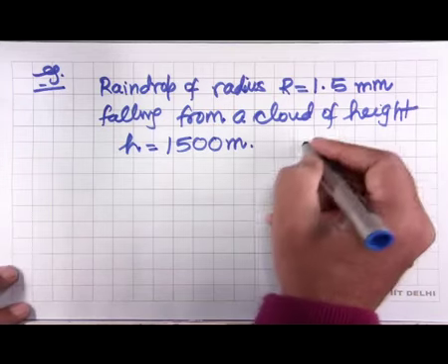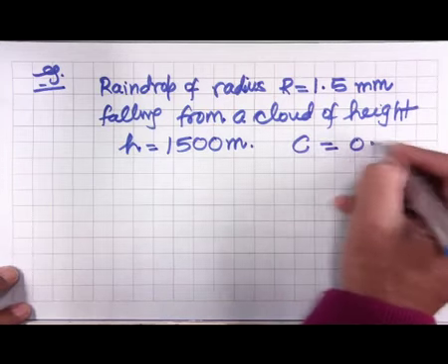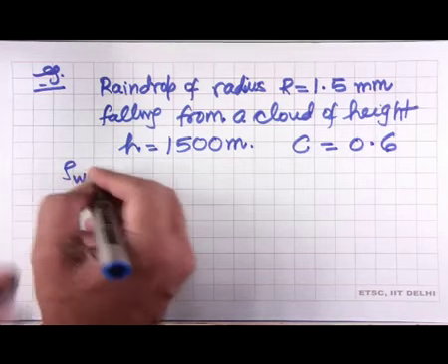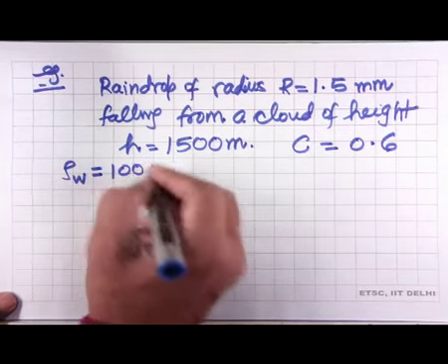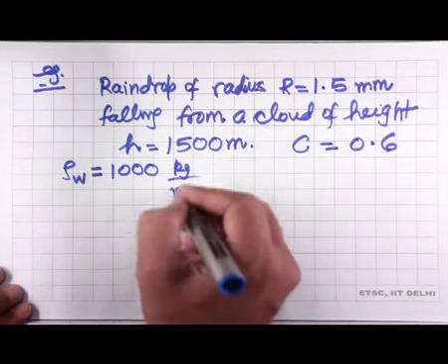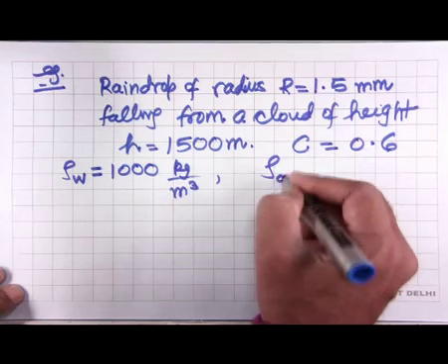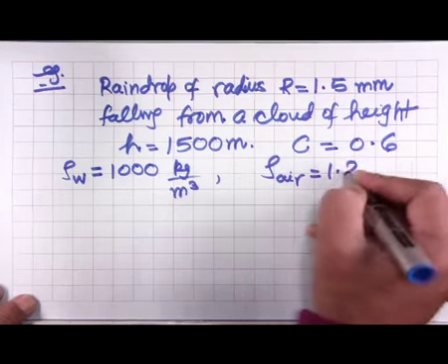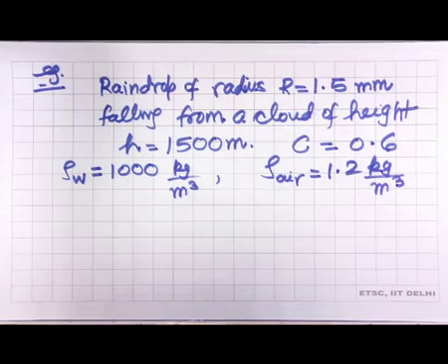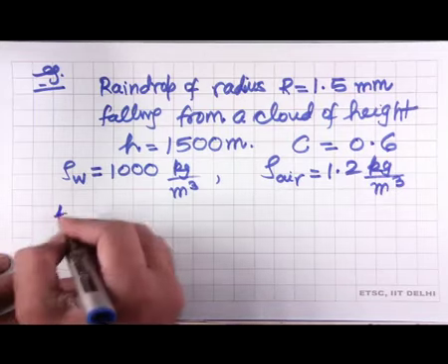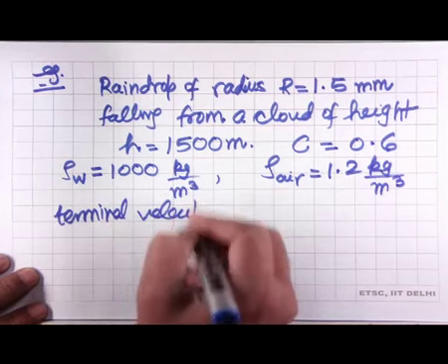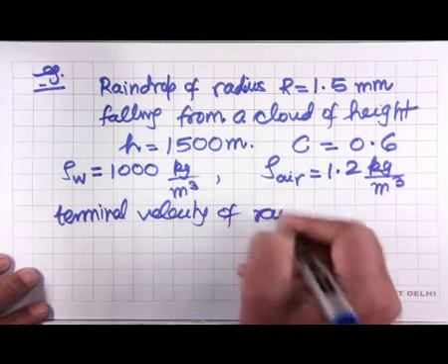It is given to us that C is equal to 0.6, density of water is equal to 1000 kilogram per meter cube, and the density of air is given as 1.2 kilogram per meter cube. And we have to find the terminal velocity of the raindrop.